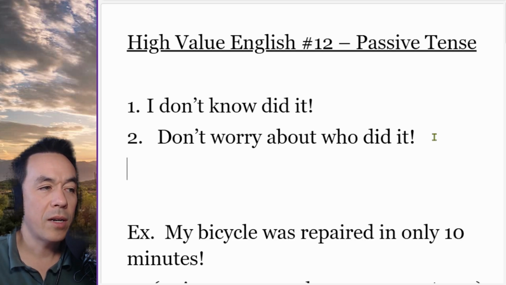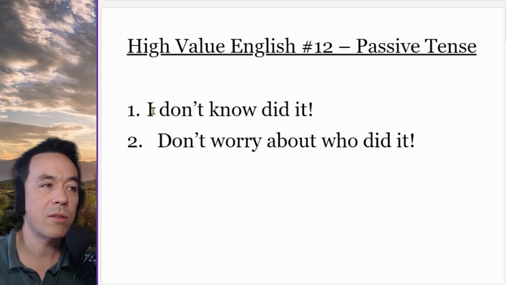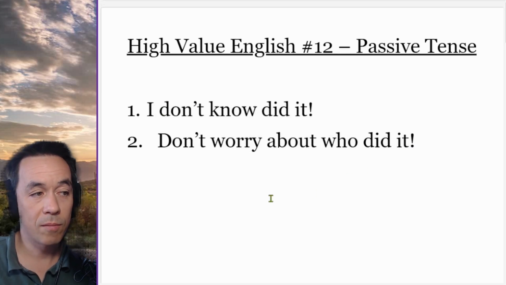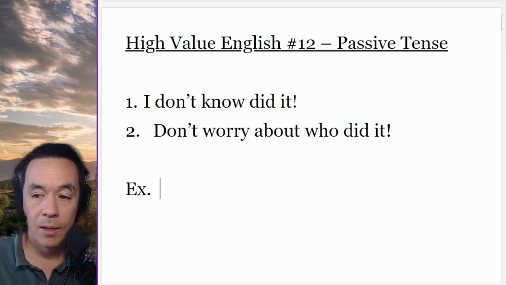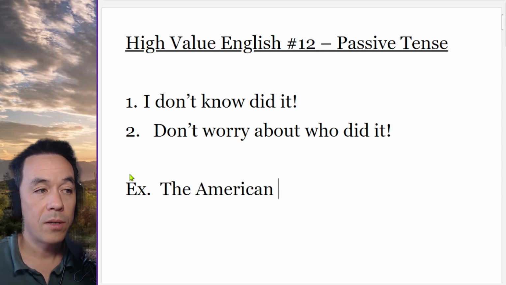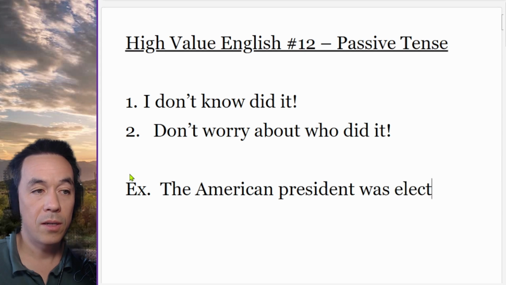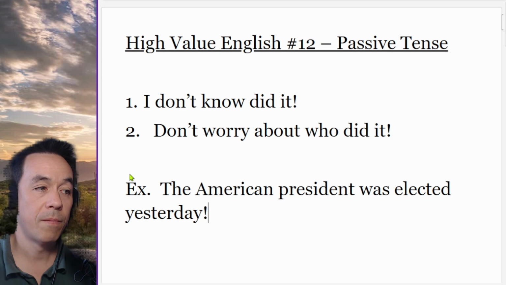Okay. Now I've got another version. I think a textbook usually has these two, but I have another reason why we use this style. I'm going to say this one: the American president was elected, we'll say, yesterday.